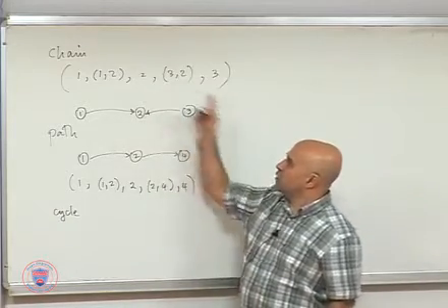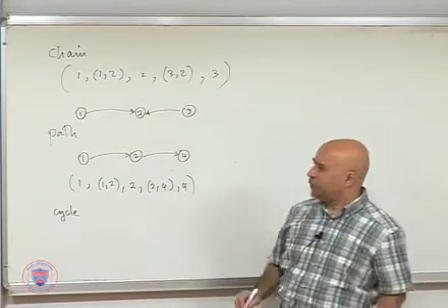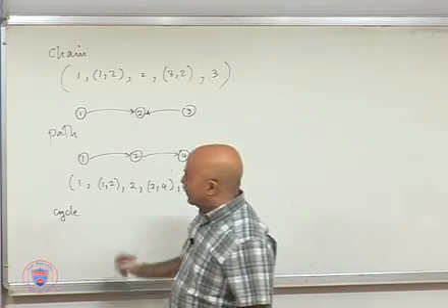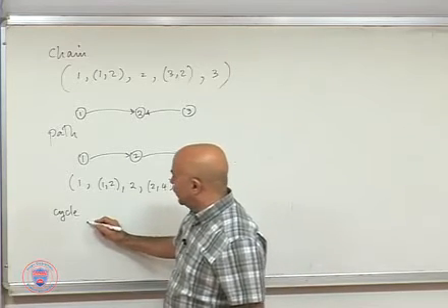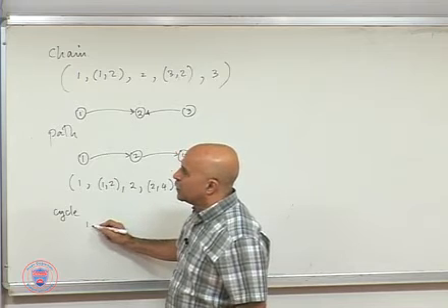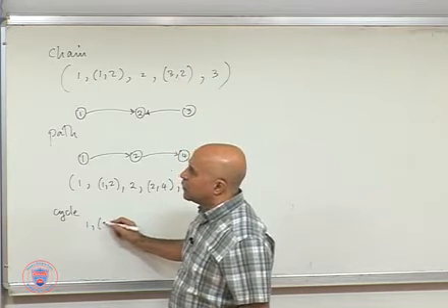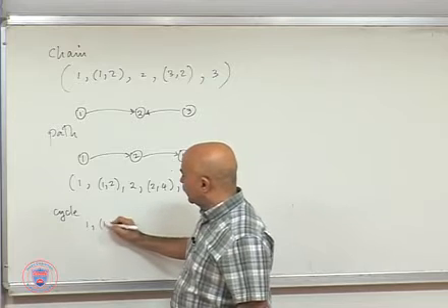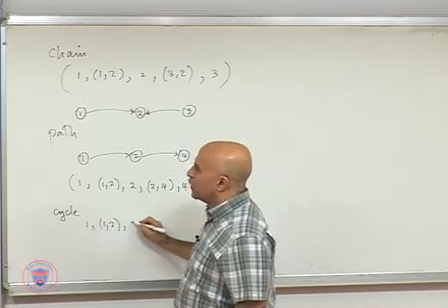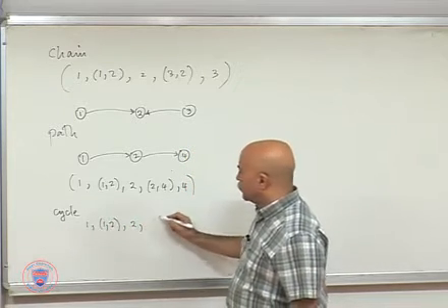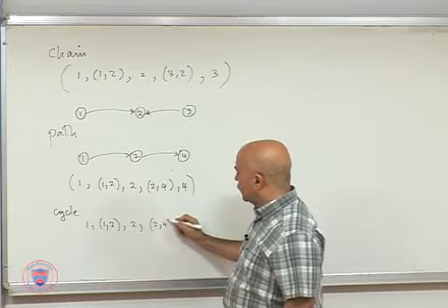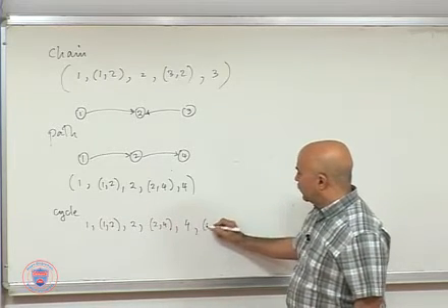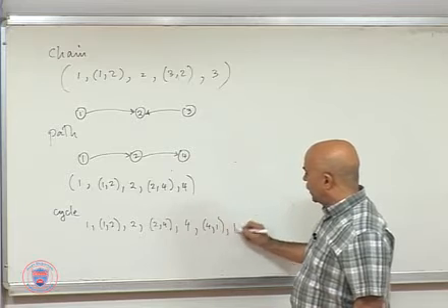Okay. And then we have cycles and circuits. A cycle is just a chain which comes back to itself. So, for example, a cycle here would be 1, 2, then 2, 4, then 4, 1, and then 1.